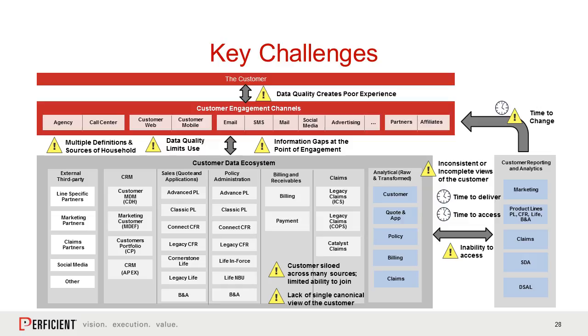Things like, customer data was siloed across the business. They had limited ability to join customer data coming from multiple different applications, multiple and incomplete definitions of customer, data quality concerns on key attributes. It was either missing or inconsistent. They had limited accessibility to those with a valid business need.